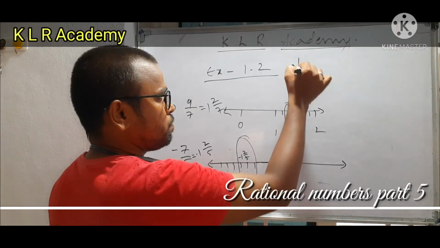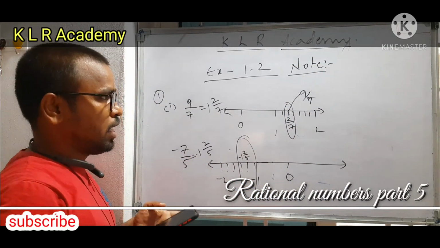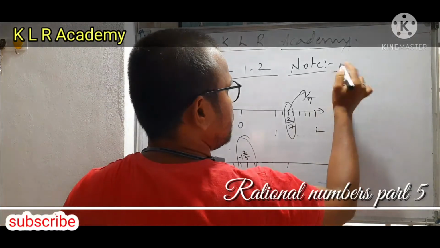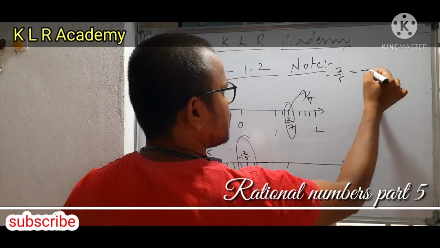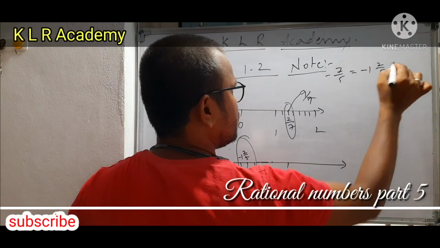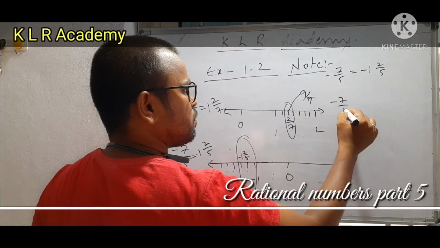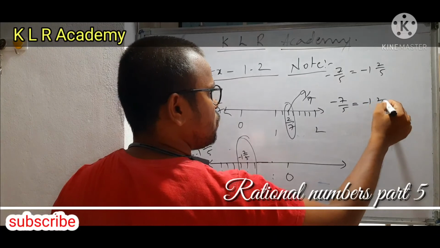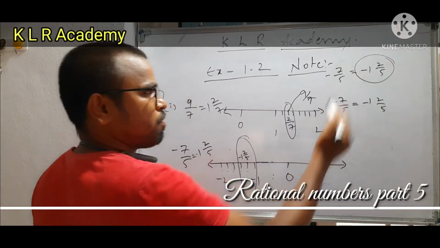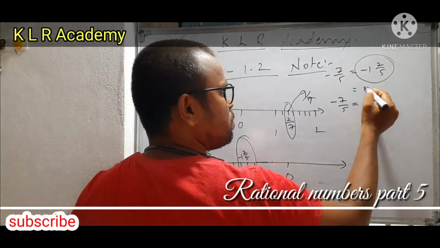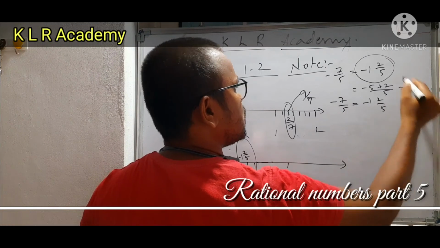So here note, one very important note. Some people will calculate -7 by 5 as -1 and 2 by 5. When you make it again into improper fraction, then how do you calculate? 5 into -1 is -5, plus 2 by 5. That is minus 3 by 5. This is the wrong way.